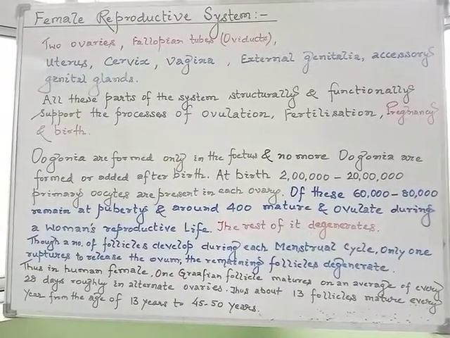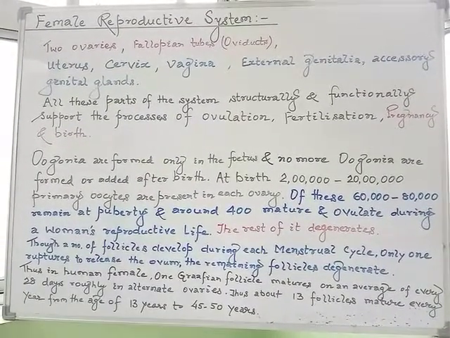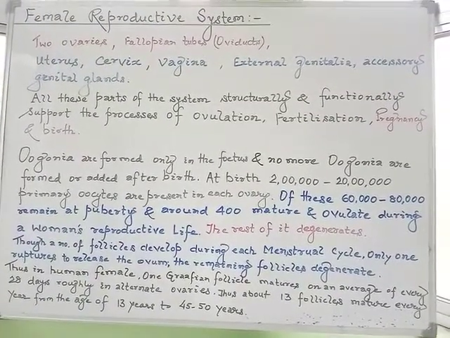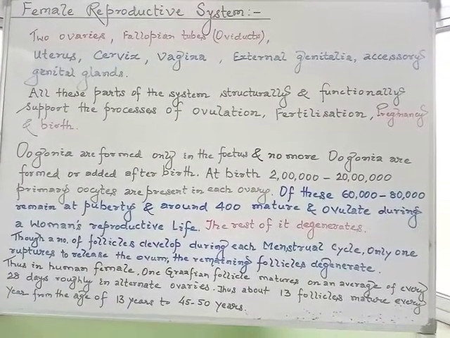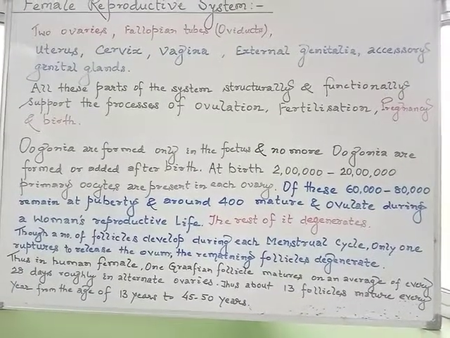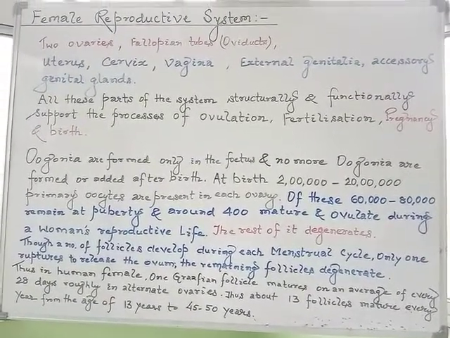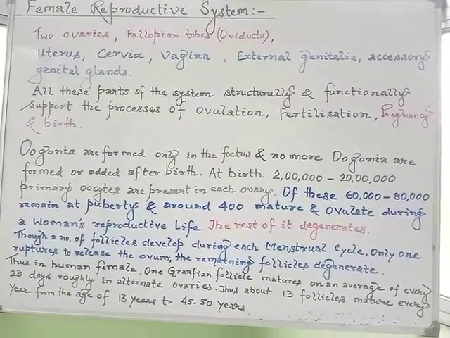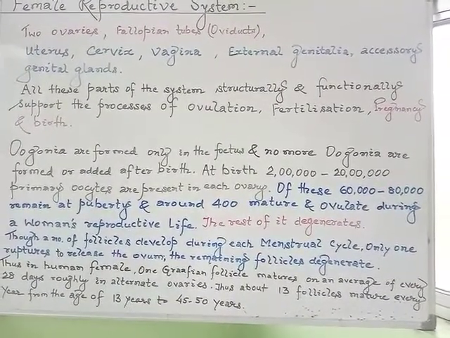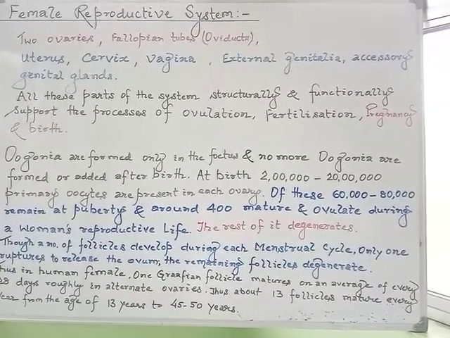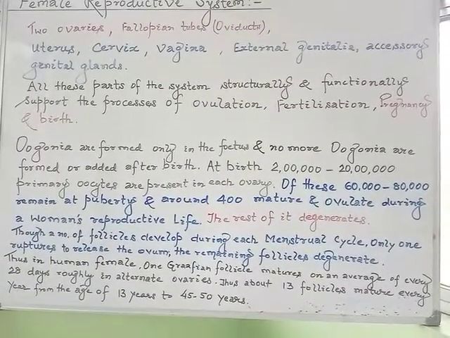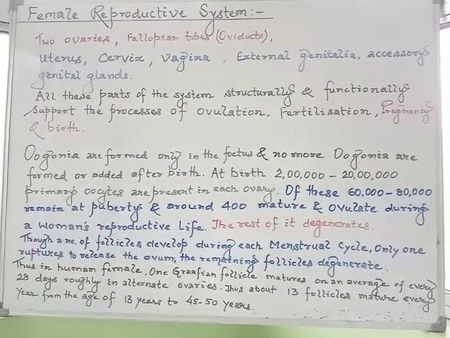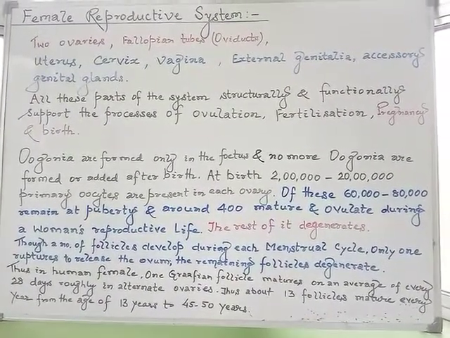Puberty in the female is initiated by the hormone estrogen. As we have discussed, in the case of male, puberty was initiated by the hormone testosterone. In the case of female, the hormone estrogen is responsible for completing the process of puberty. At puberty, as we have discussed, different changes occur in the girls.